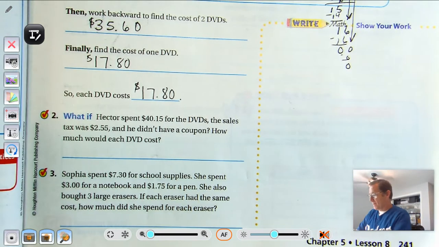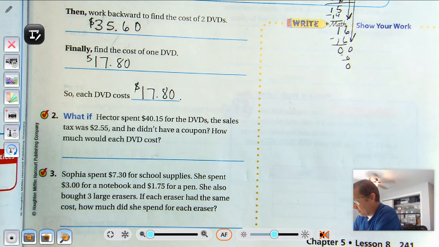Okay, number 2. What if Hector spent $40.15 for the DVDs? The sales tax was $2.55, and he didn't have a coupon. How much would each DVD cost? So we're going to look at the same setup, right?